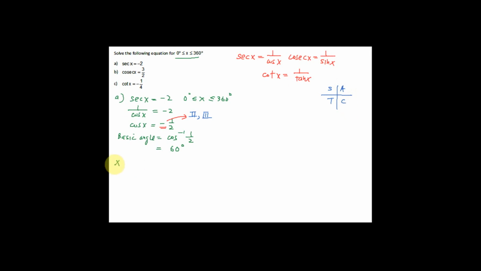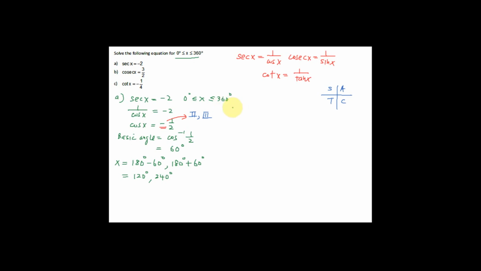Now your value of x in the second quadrant is 180 degrees minus the basic angle 60, and the third quadrant is 180 plus the basic angle 60. So your answer should be 120 degrees and 240 degrees.